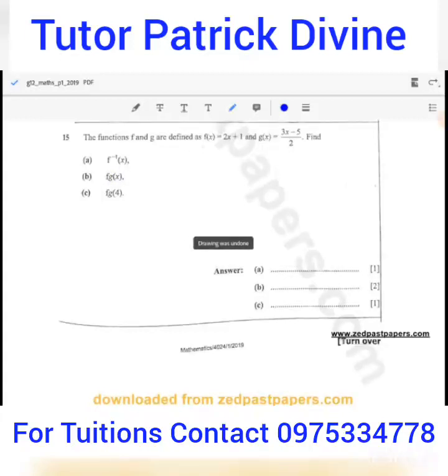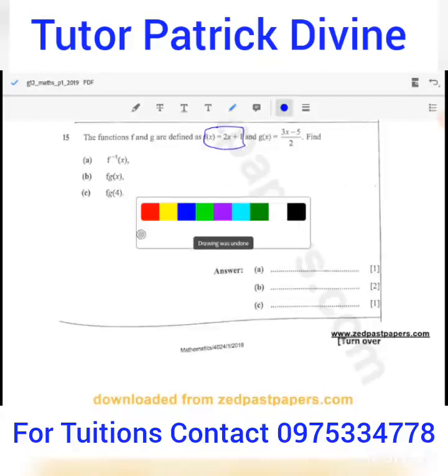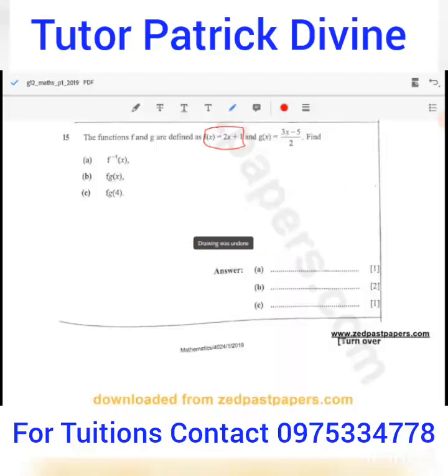They said we should get the function of f, and where there is x in the function of f, we should put the function of g. That is what they mean.